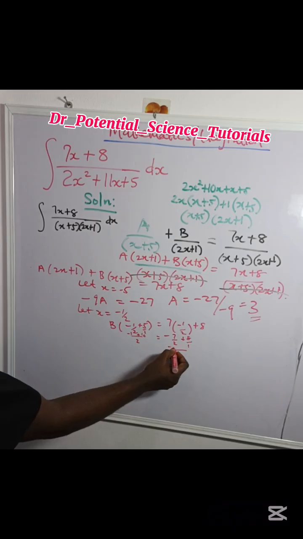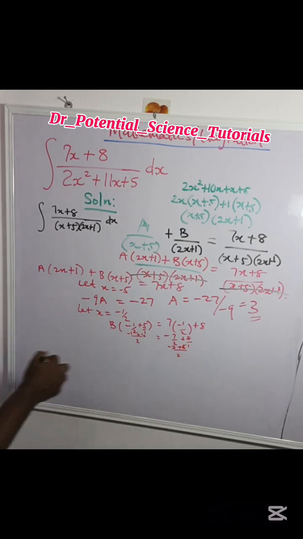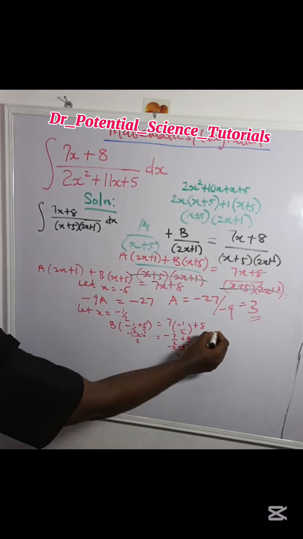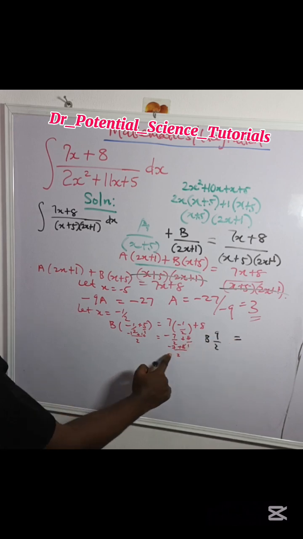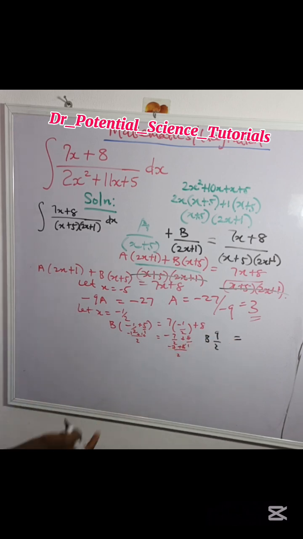That's 2 minus 7 plus 16. At the end of the day, minus 1 plus 10, that is 9. So I have 9 over 2 B equals minus 7 plus 16, that's 9 over 2.